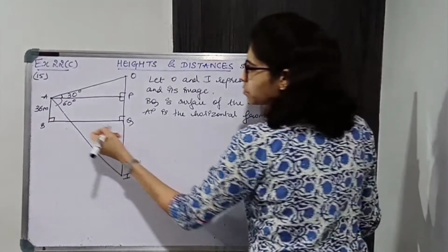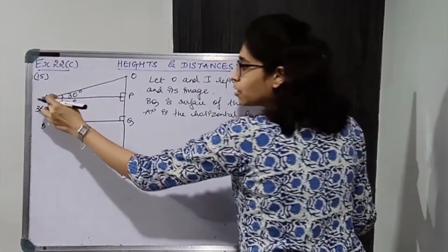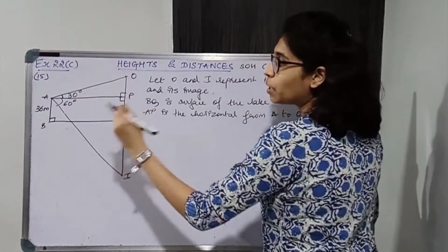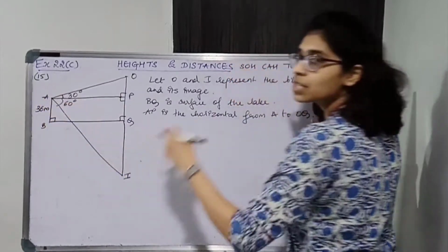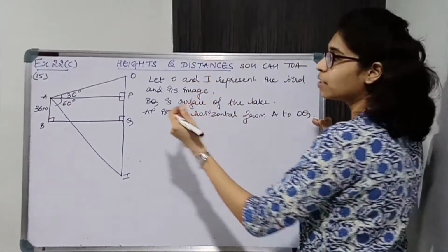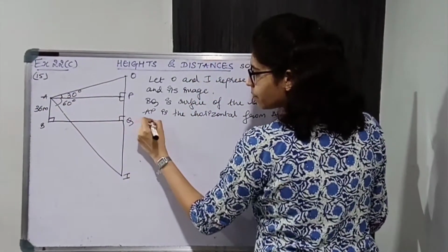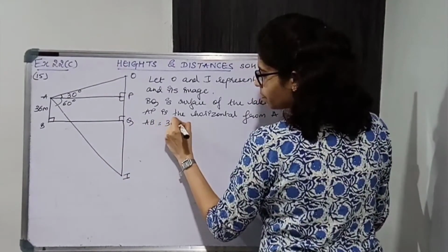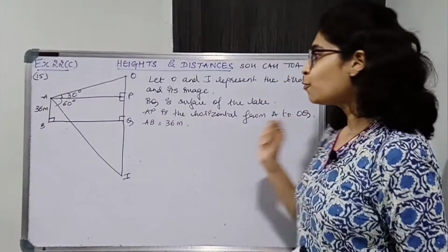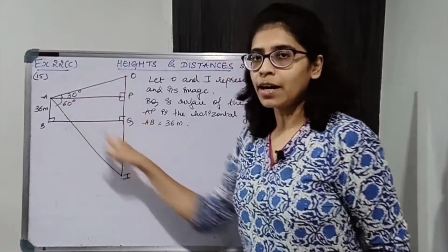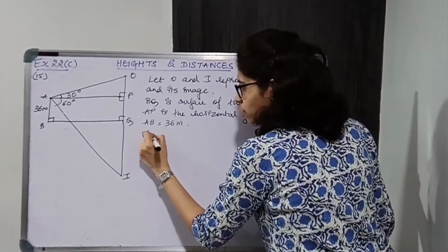Now from A you are observing the bird and its image, but before that, A is 36 meters above the surface of the lake, so AB is 36 meters, okay.